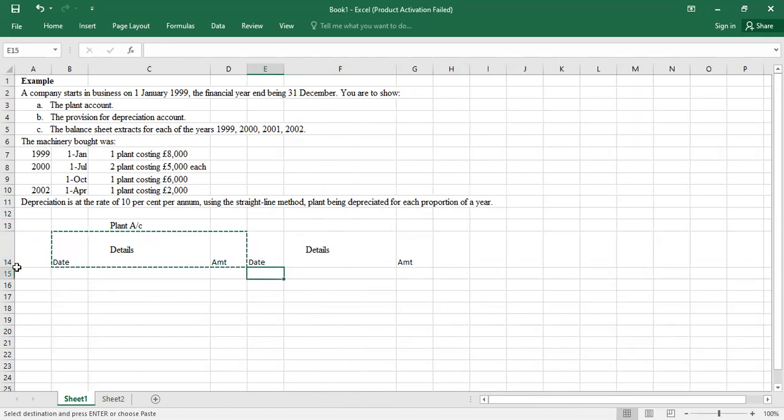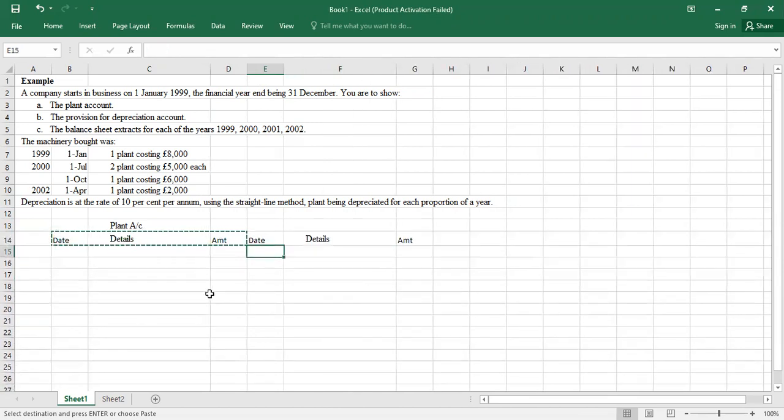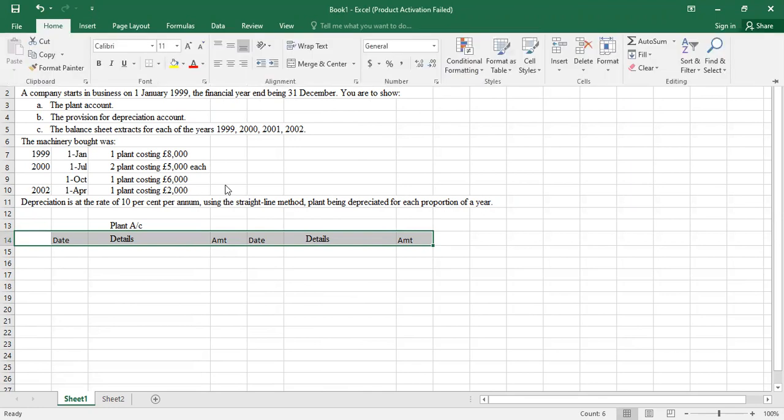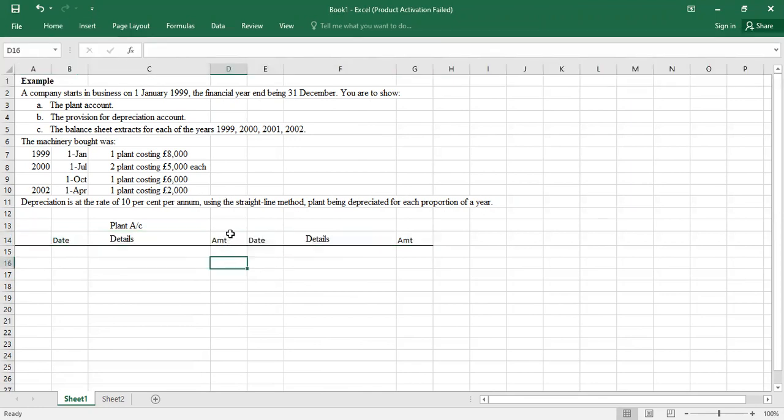So this is the debit side, this is the credit side. Trying to make it look like an account for purposes of illustration.